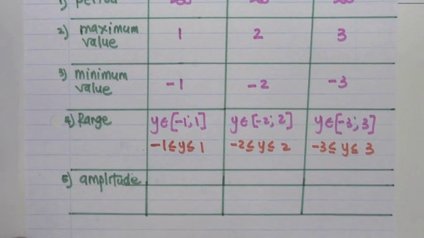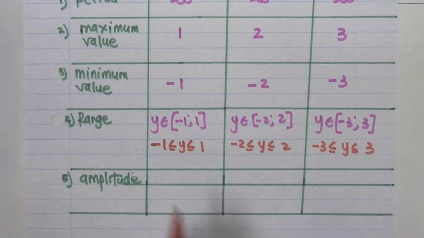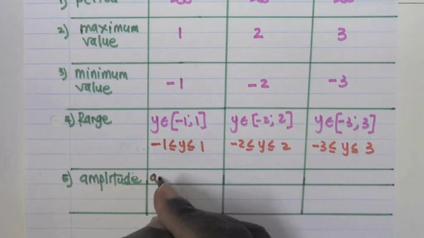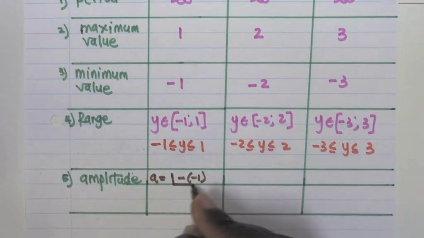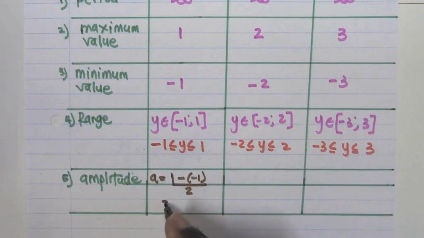And now I need to calculate the amplitude. The first one, I'm going to write amplitude is equal to maximum minus minimum divided by 2, and I'm going to get an answer of 1.